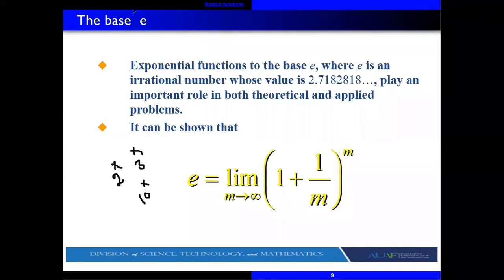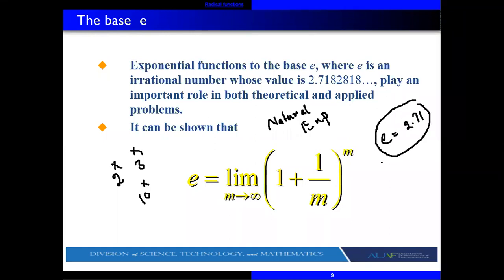Now, when the base is e, we call this the natural exponential function. This is called the Euler function. The value of e is 2.71. Correct?